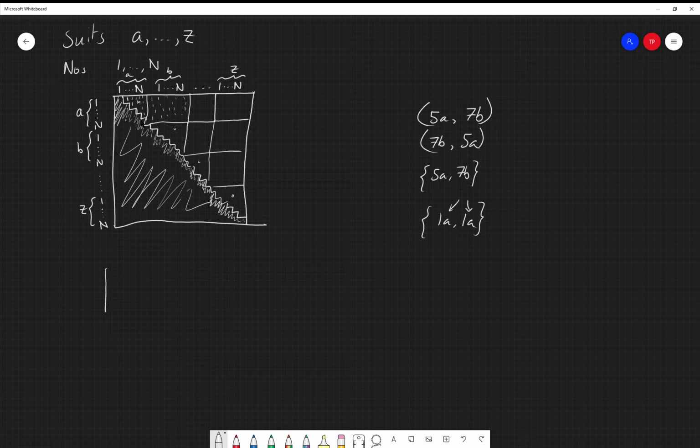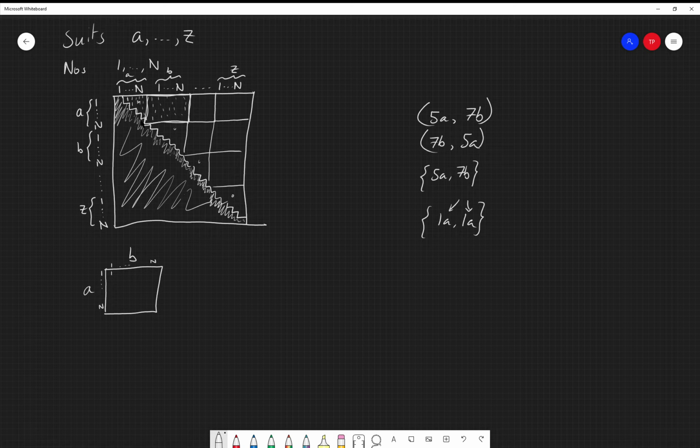So what I'm drawing here is effectively taking one of these squares out from here. And so we have a suit here, say A and B, but these could be any two different, distinct suits. And in this square, on the diagonal, the elements will be matching numbers. So here we've got the numbers 1 through n and 1 through n.